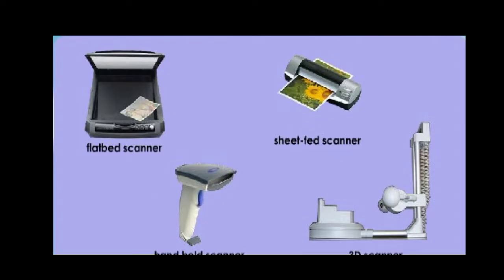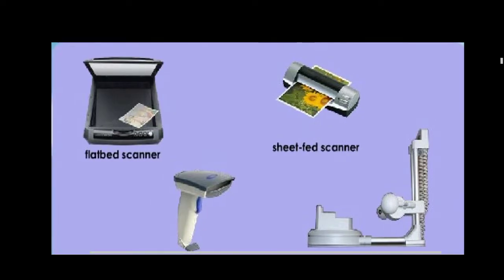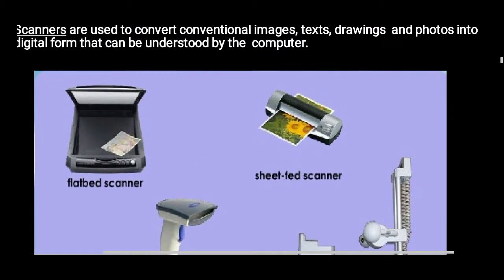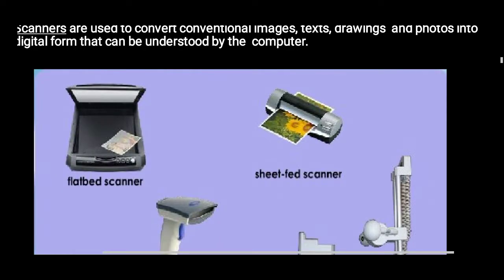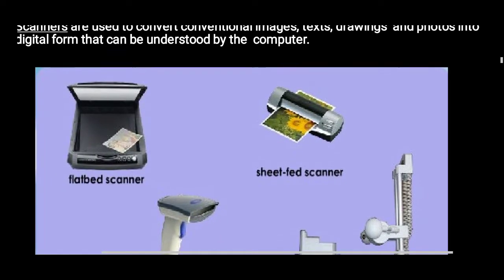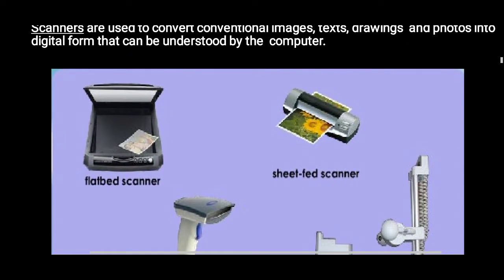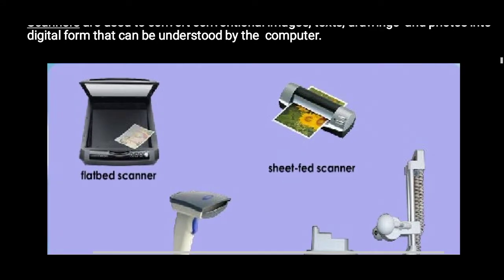The second one is the sheet fed scanner. The first one is used to scan text, drawings, images, and photos put on the glass.